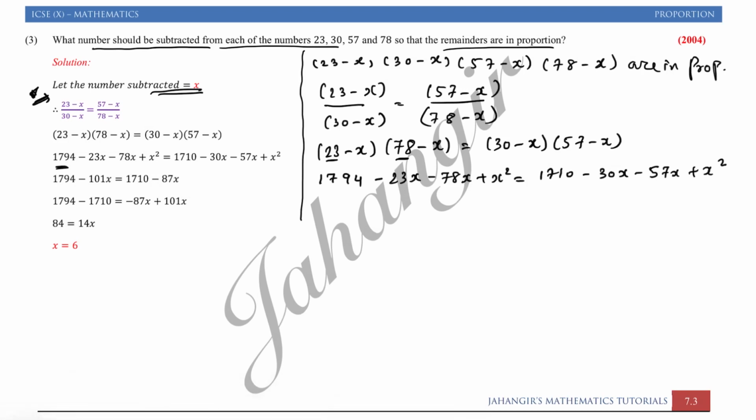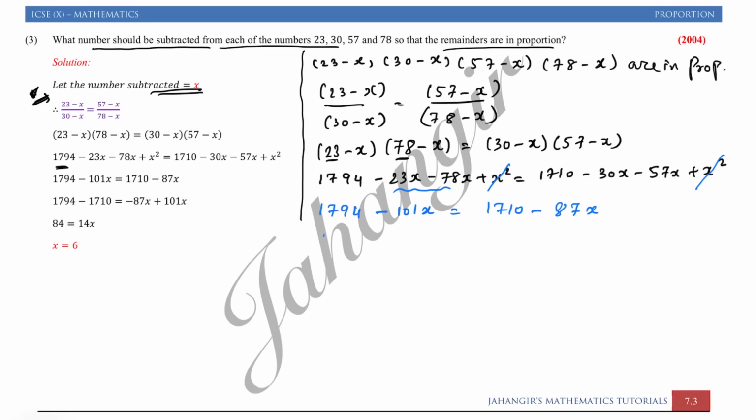Now I will cancel out x square. So 1794 minus the addition of these two, 101x, is equal to 1710 minus 87x.